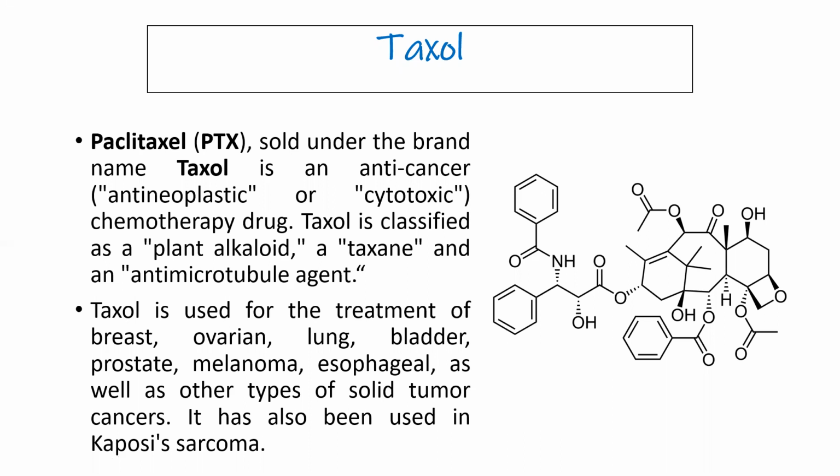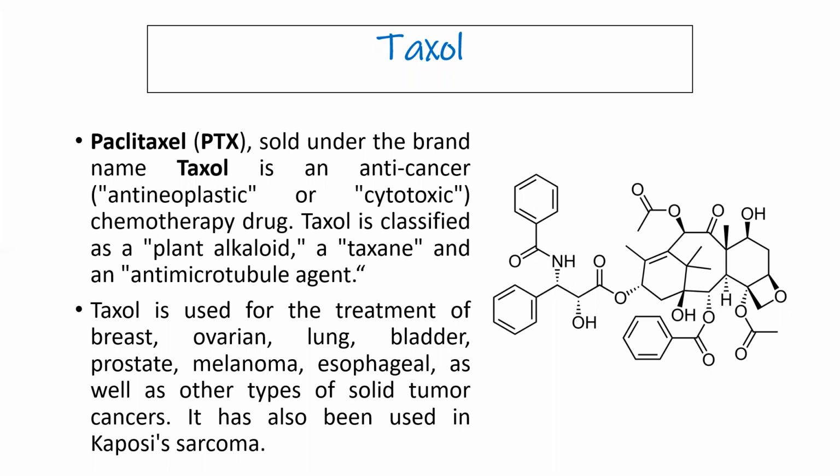If you see, it is paclitaxel, which is sold under the trade name Taxol. It is an anti-cancer chemotherapy drug. Taxol is classified as a plant alkaloid extracted from plants, a taxane, and an antimicrotubule agent.